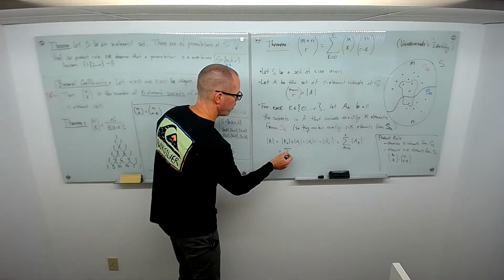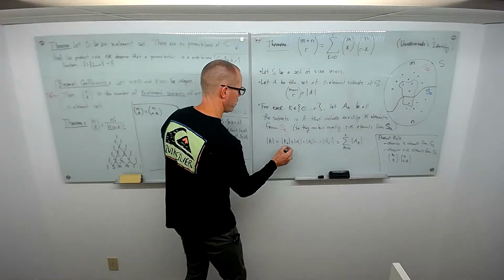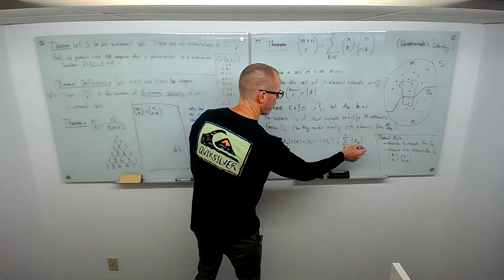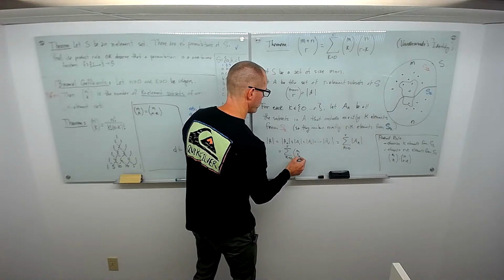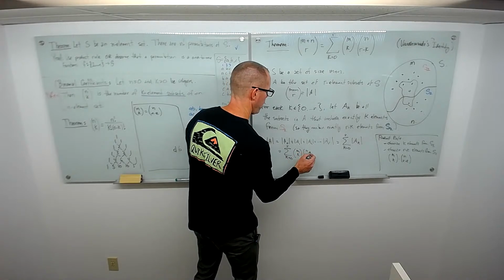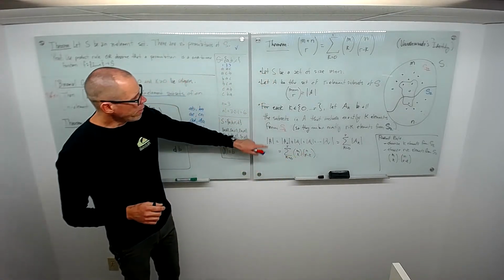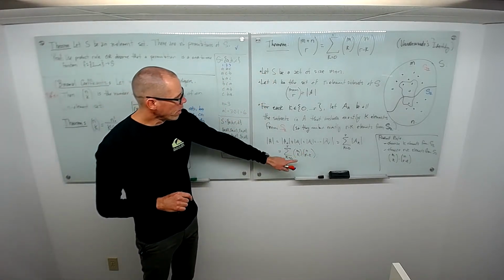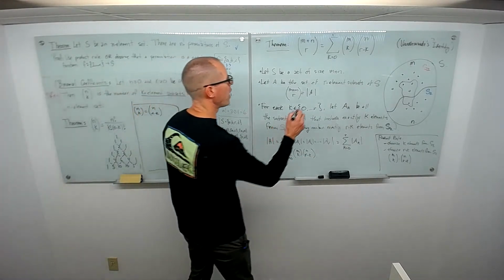So in this sum here, we can replace these things with M choose K, N choose R minus K. So the size of A is equal to the sum K equals 0 to R, M choose K, N choose R minus K. Let's write that back up here.